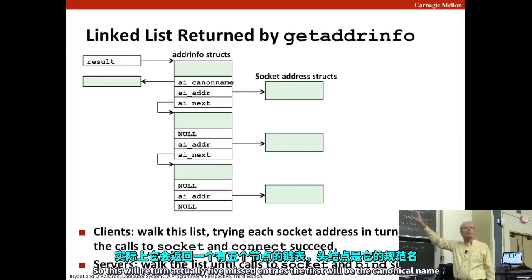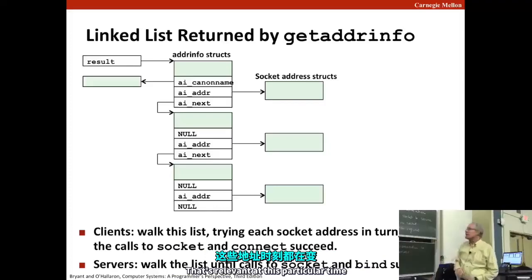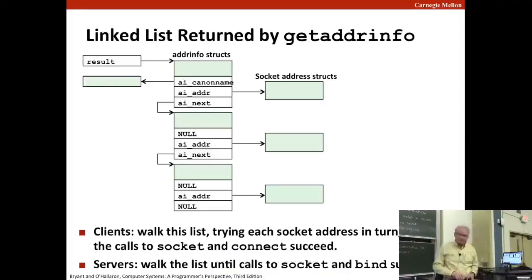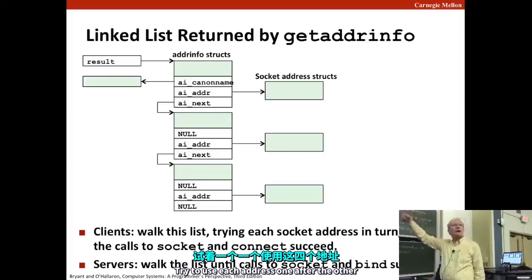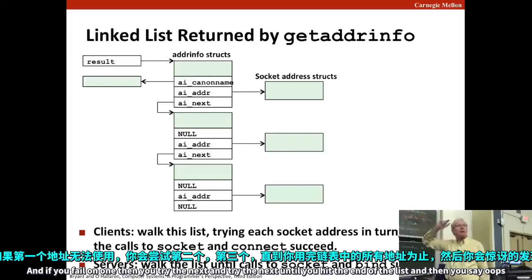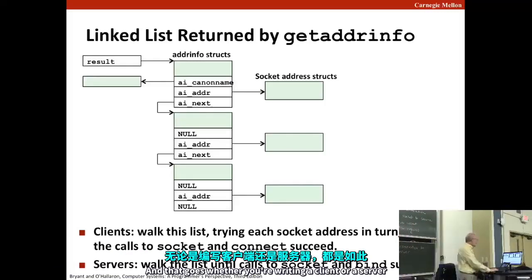The first will be the canonical name, and then it will give each of the 4 IP addresses that is relevant at this particular time. Then you as a programmer walk this list, stepping down it and typically trying to use each address one after the other. If you fail on one, then you try the next and the next until you hit the end of the list, and then you say, oops, can't do it. And that goes whether you're writing a client or a server.